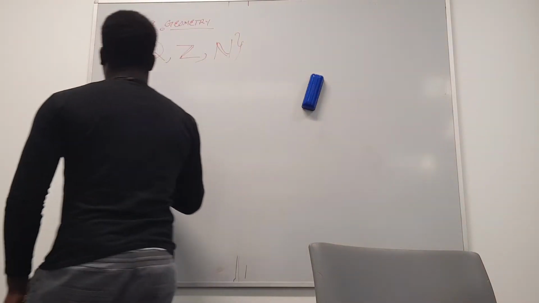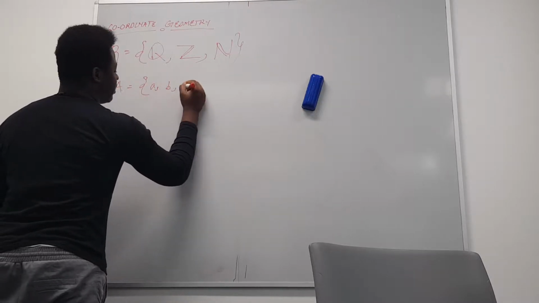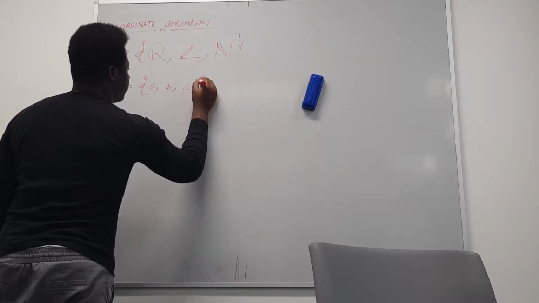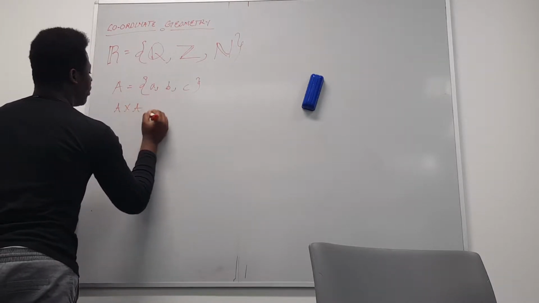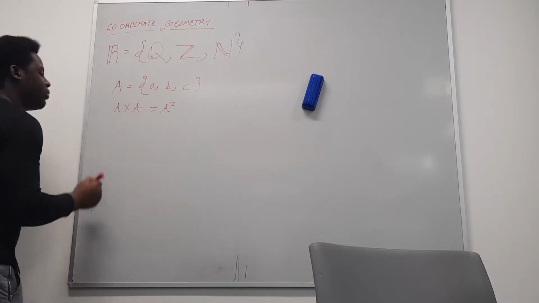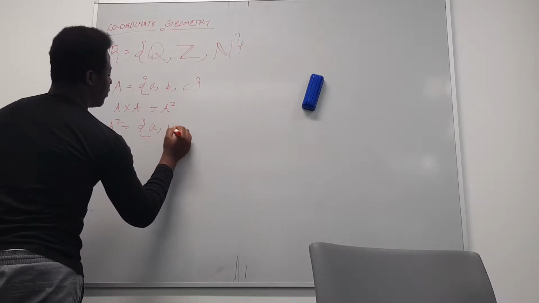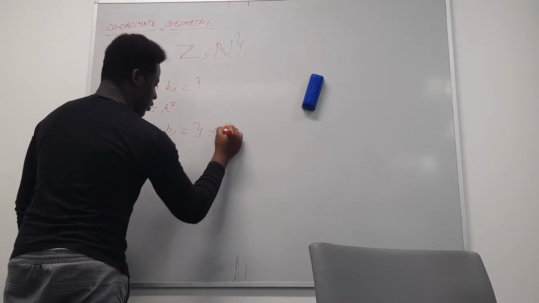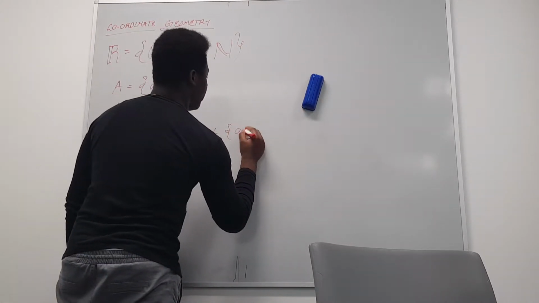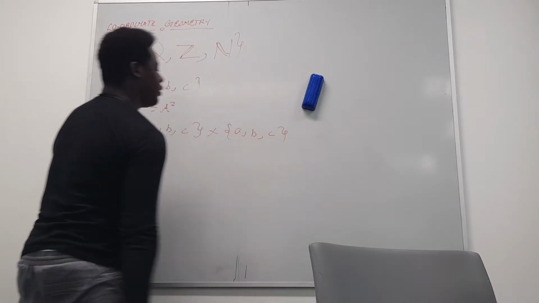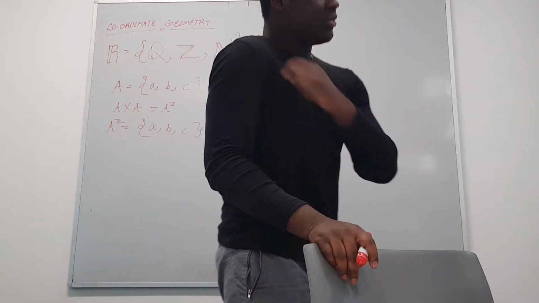So if I have a set A equal to A, B, C, we have that A cross A, which is equal to A squared, is a Cartesian product. So A squared is equal to A, B, C. I'm going to start using some terminologies here.